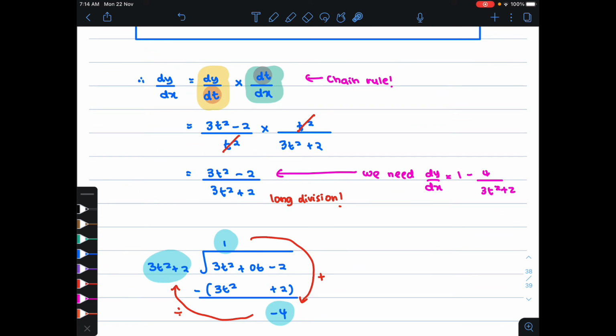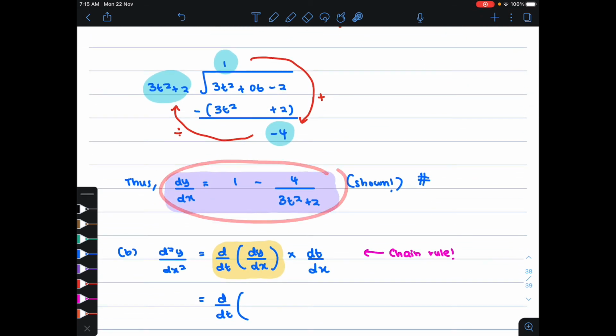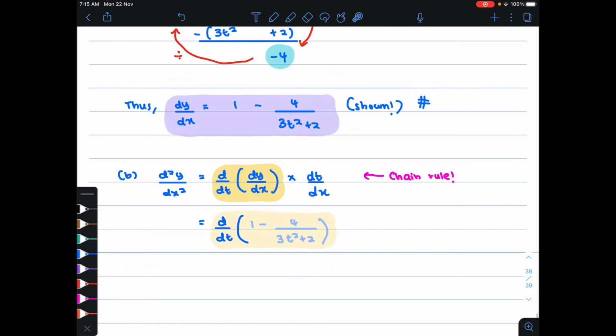But in my opinion, this dy/dx is easier for you to differentiate. So how do we differentiate 1 minus 4 over 3t squared plus 2 with respect to t? So this is t, this is also t. So straightforward, you can differentiate this expression.